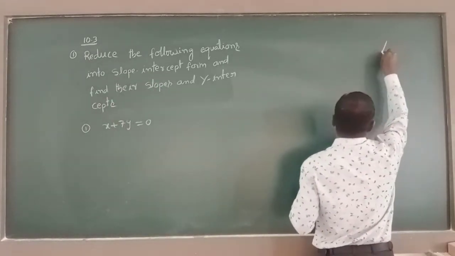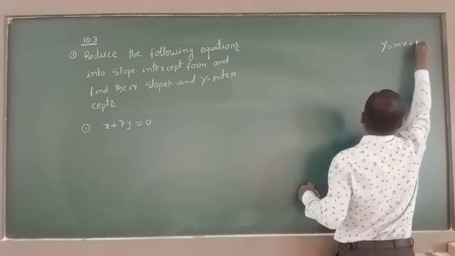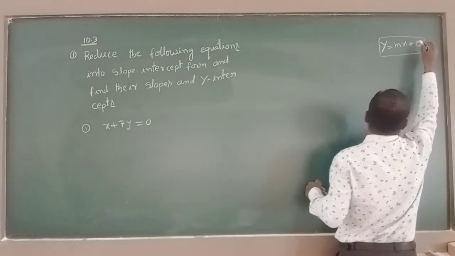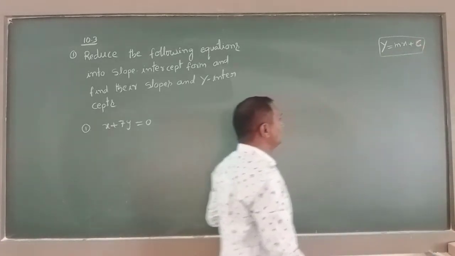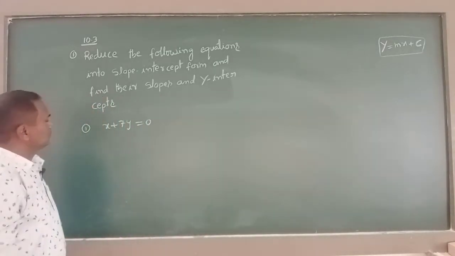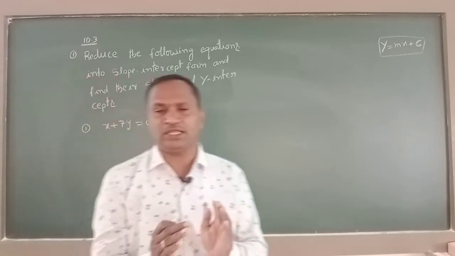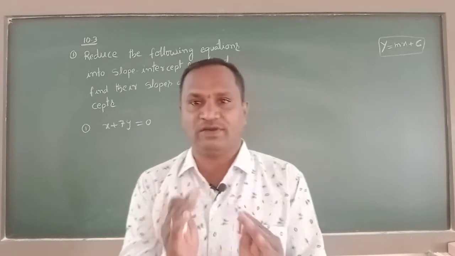We have to convert that problem into this form. From this formula only we are going to select the values of m and c here. Now see here, 3x plus 7y is equal to 0. In the solution, first, from that equation, the term should be expressed in terms of x for y.